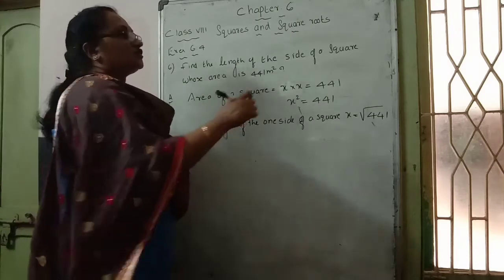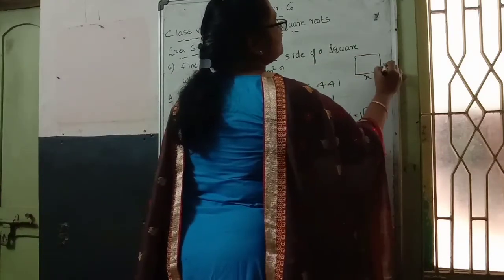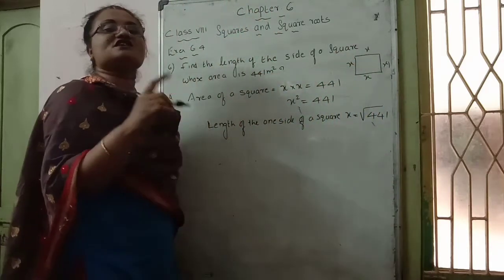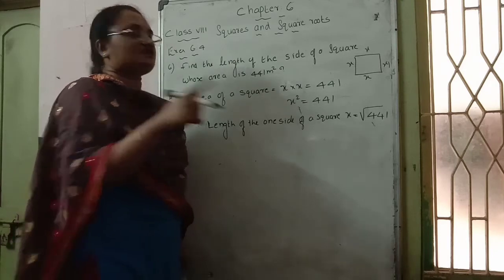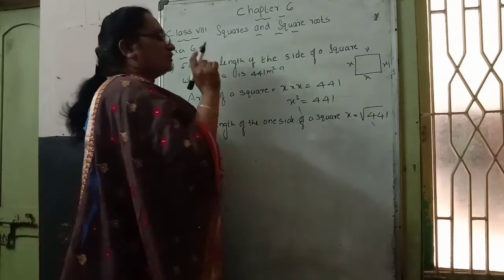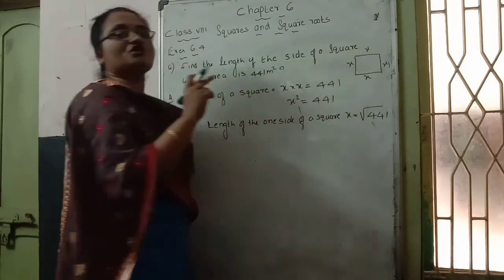A square has 4 sides. We consider each side as x. Then we find the length of the side from the area given. How to find the x value? Take the square root of 441.